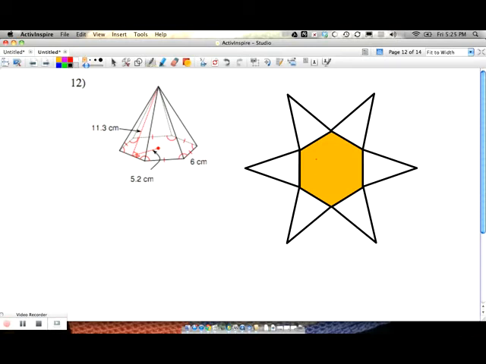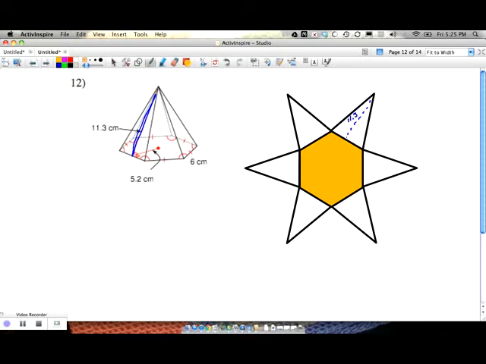All right, so now we have this inner base and these outer triangles. We did this one very similar before. The picture even looked similar. So let's go ahead and change it around. Let's see what we got. So we got this slant height on the outside here. That's 11.3. So this slant height is going to be 11.3.